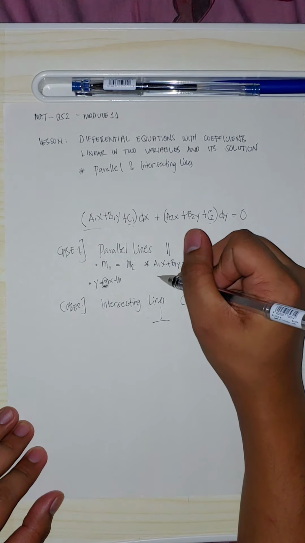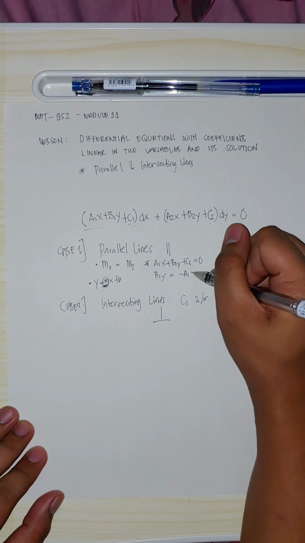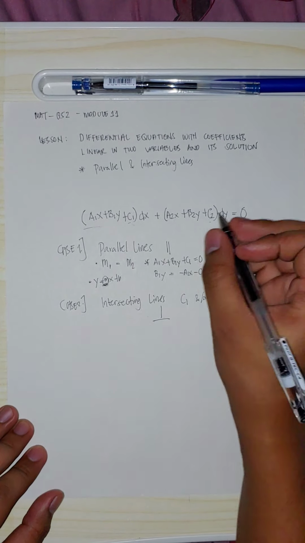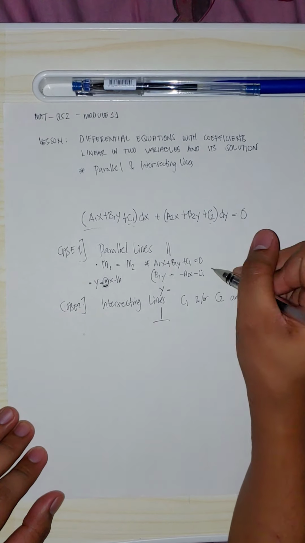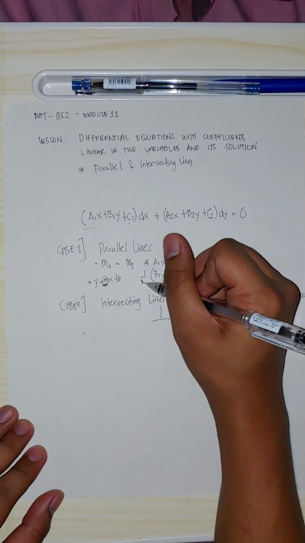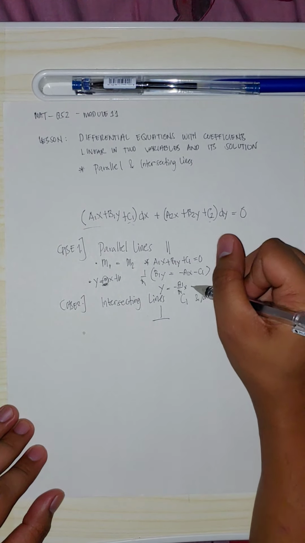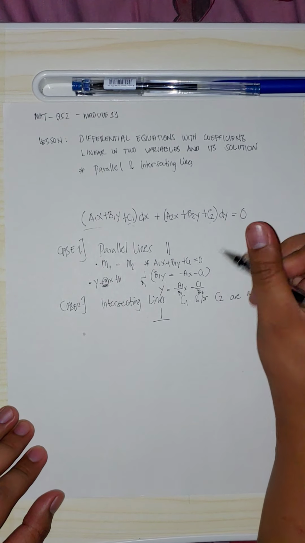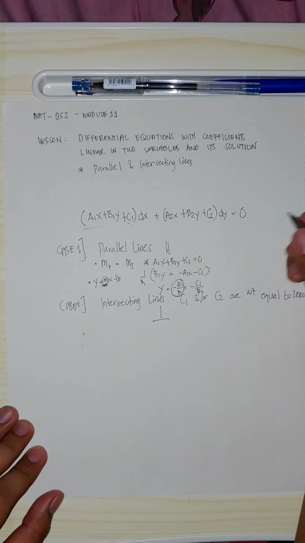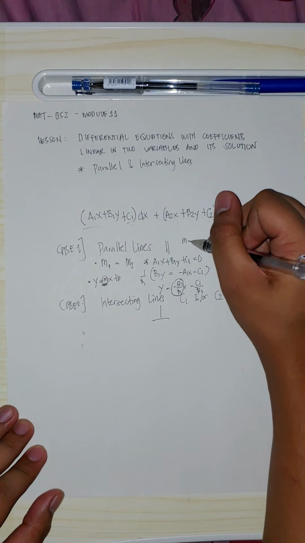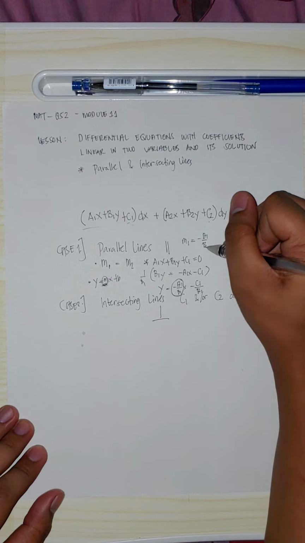We have b1y is equal to negative a1x minus c1. So, for y to remain alone, we divide the whole equation by b1. Then, we have y equals negative a1 over b1 x minus c1 over b1. So the slope of the first line is m1 equal to negative a1 over b1.